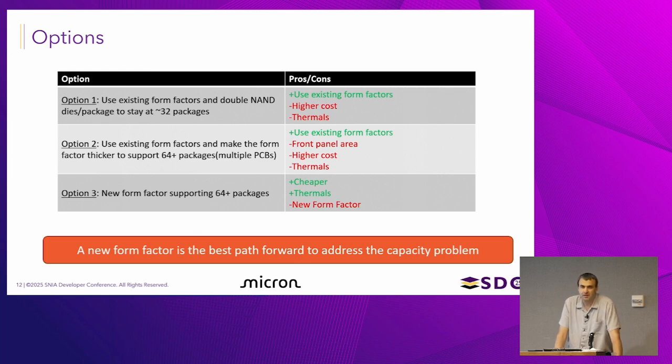Because in a lot of what we do, we get paid for choosing the least wrong decision at the end of the day. So this is an example of choosing the least wrong decision, right? Because there's never a right one. If there's always a right decision that's a no-brainer, generally it's already been made and you've lost out. So this kind of led to the conclusion that a new form factor was the best path forward to address this problem.